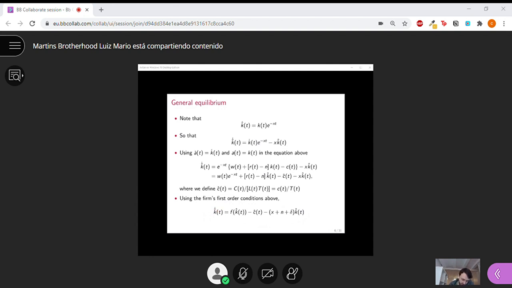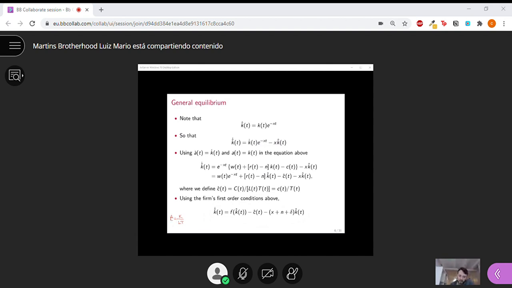Remember that K hat is equal to big K over LT, and T is the labor augmenting productivity that grows at the constant proportion X that is here. In steady state, these variables are fixed.